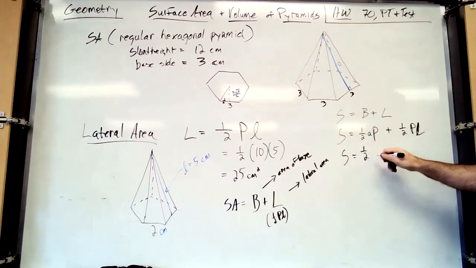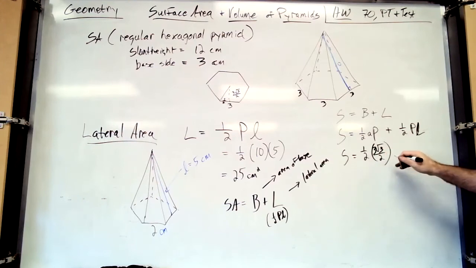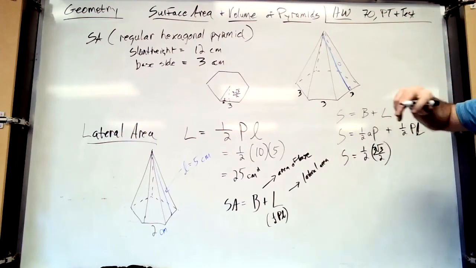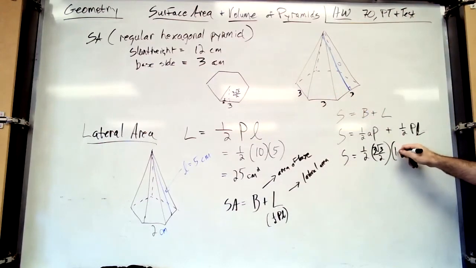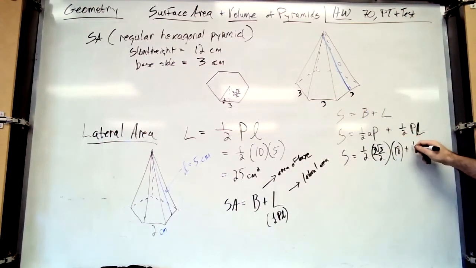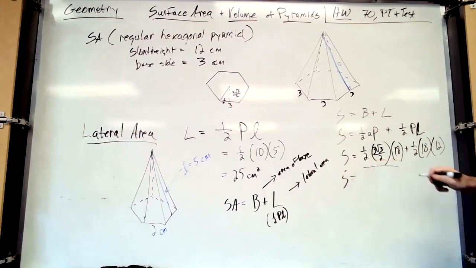So 1/2 times 3 radical 3 over 2 times the perimeter. What's the perimeter? 3 times 6 is 18, right? Plus 1/2 perimeter, 18, times the slant height, which is 12. Okay, so this guy is the only weird one.